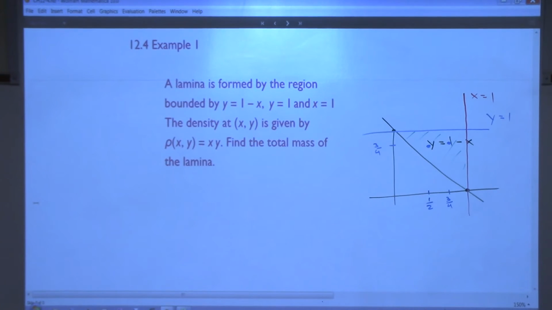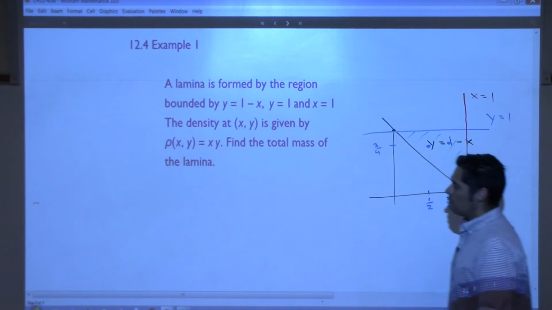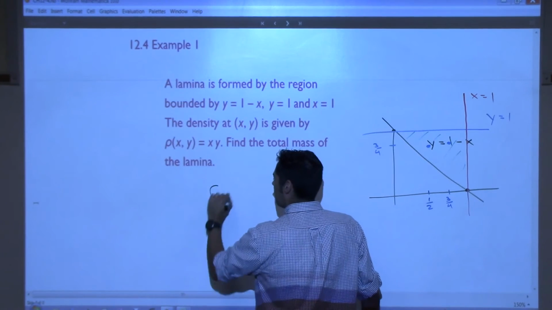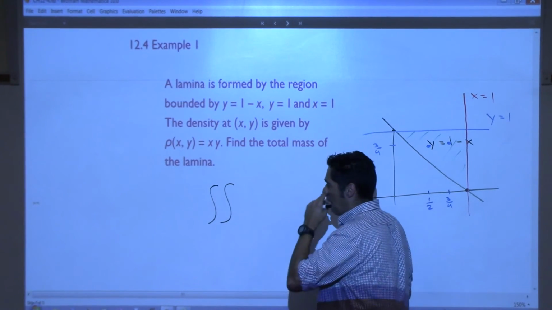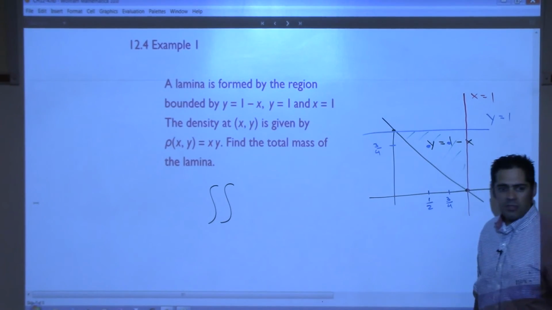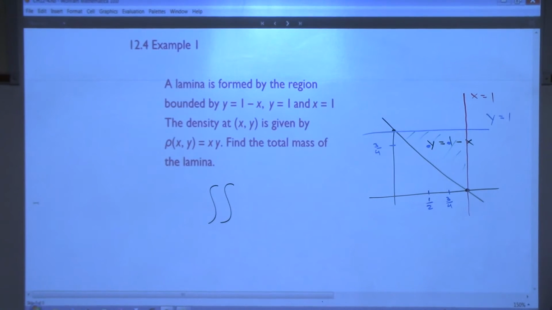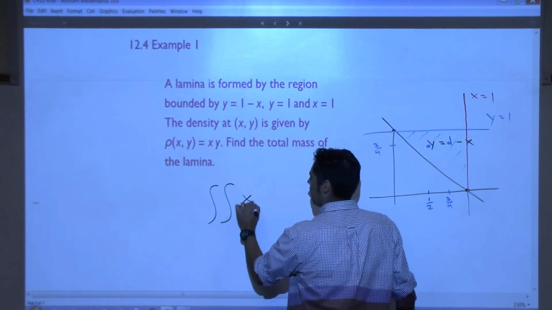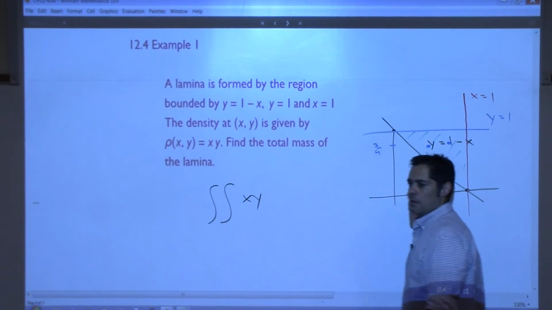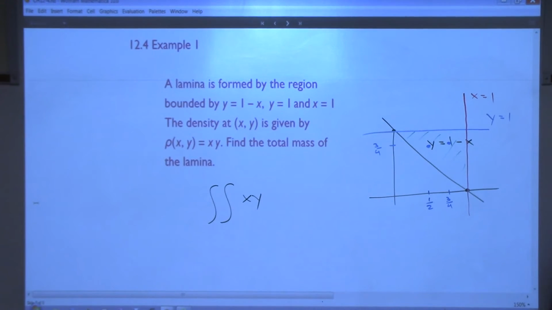How do you want to do this? Type 1? Type 1 region? Okay, I agree. We're integrating. What's our function? xy. Since it's type 1, my x's are bounded between two constants. What are they? 0 to 1, right?